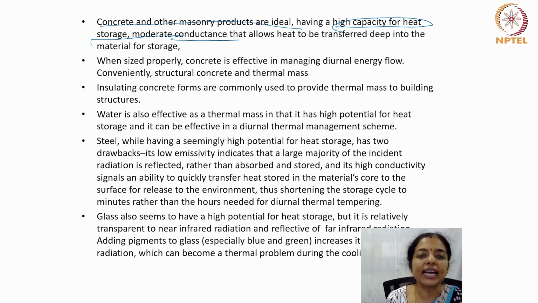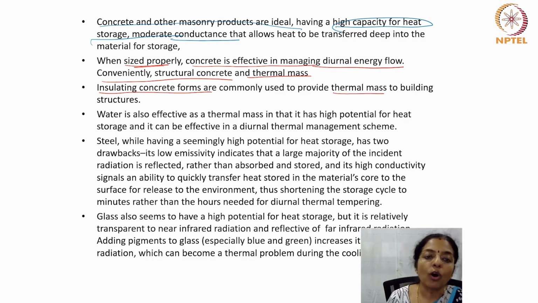When sized properly, concrete is effective in managing diurnal energy flow. And it is also convenient to have structural concrete as it has thermal mass. Insulating concrete forms are commonly used to provide thermal mass to building structures. Water is also an effective thermal mass in that it has high potential for heat storage and it can be effective in a diurnal thermal management scheme.